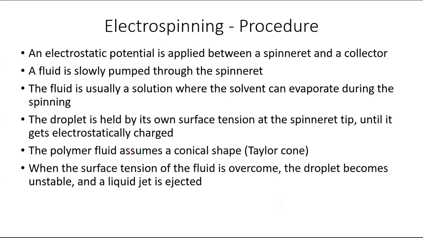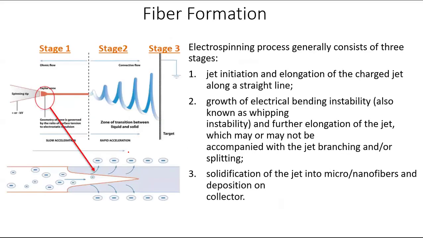The polymer fluid held by the needle tip assumes a conical shape, which we call a Taylor cone. Once the electrostatic force overcomes the surface tension of the fluid, the droplet becomes unstable and a liquid jet is ejected. That is the very initial stage, or the starting point, of electrospinning.